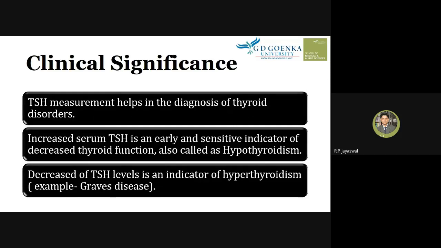So whether the thyroid gland is abnormal or normal, we can know by the measurement of TSH. Increased serum TSH is an early and sensitive indicator of thyroid function.